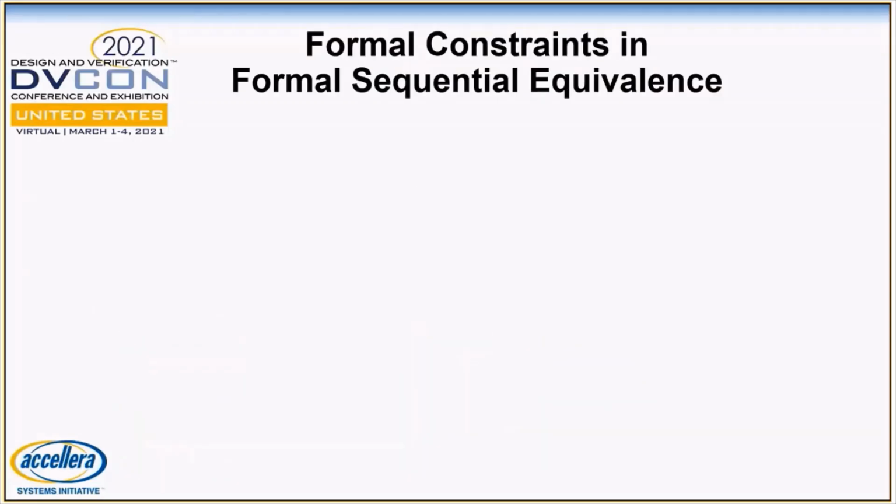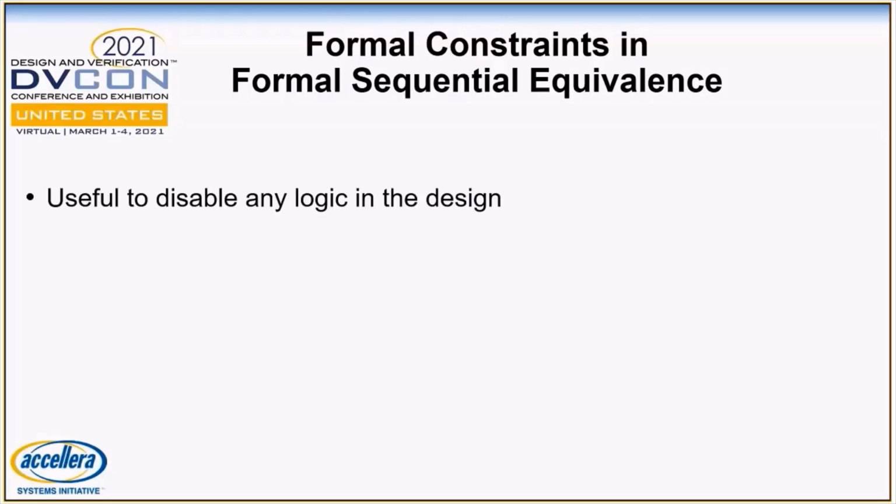Now, if you recall, in the formal sequential equivalence block diagram, I mentioned formal constraints. So let's discuss that briefly here. Formal constraints are used to mask or disable any logic of the design. These constraints are optional and their existence depends on the application.